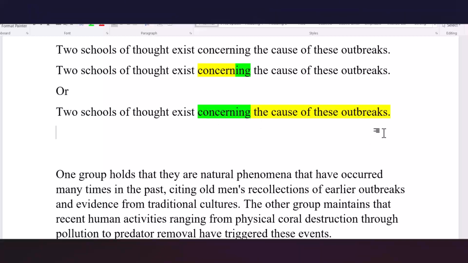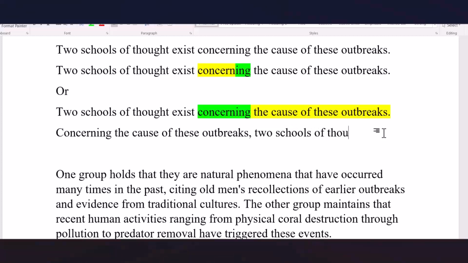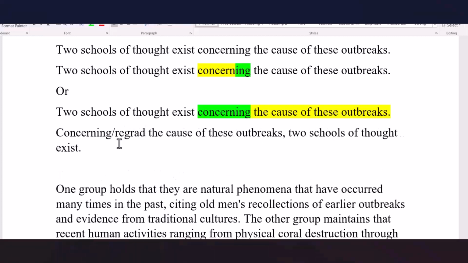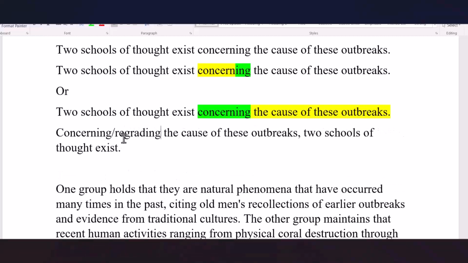For example, we can rewrite the sentence this way: concerning the cause of these outbreaks, comma, two schools of thought exist. You can actually replace concerning with another preposition, regarding.